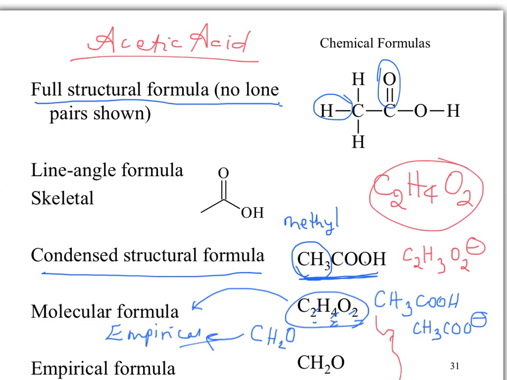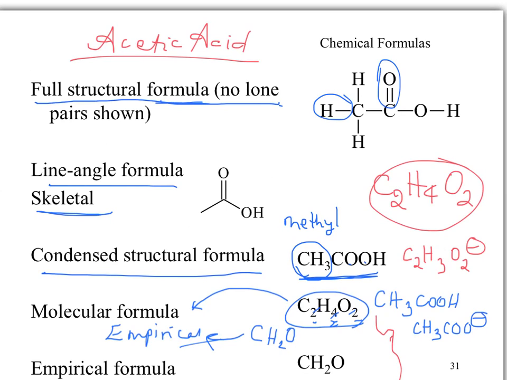We are going to follow what is referred to as the line angle or skeletal formula, and it's to your benefit if you start using this at an early stage. Let's take a look at how the line angle or skeletal formula is different from the structural formula.